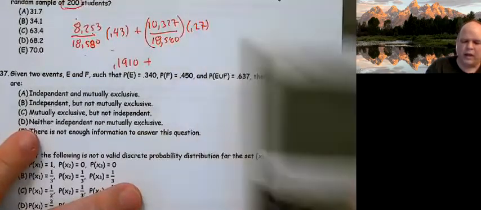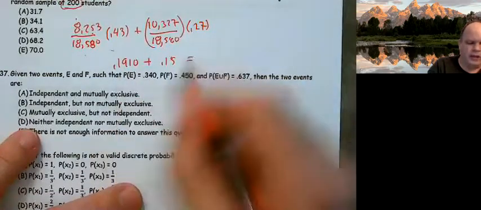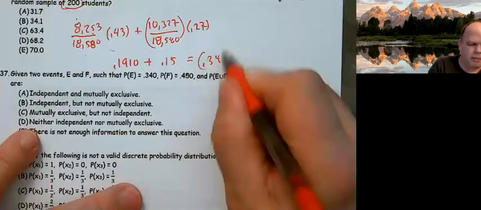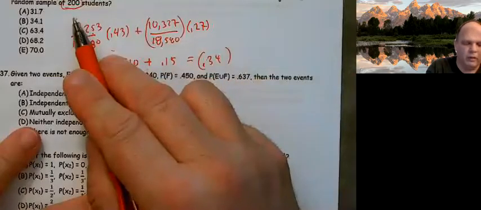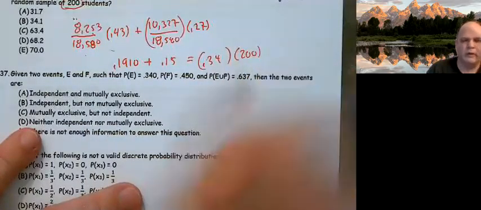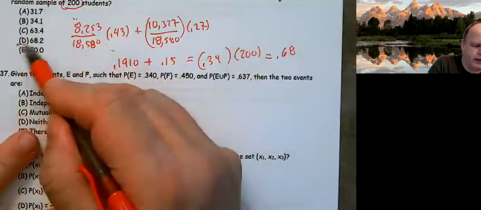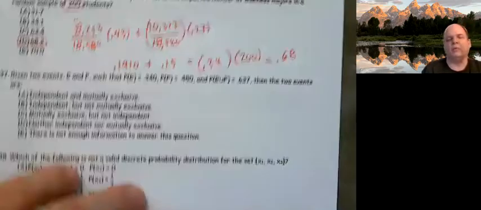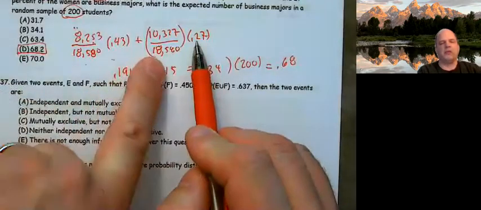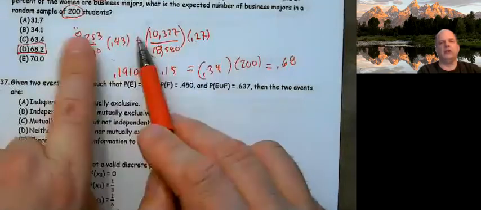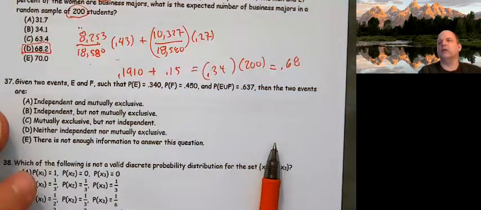So about 0.15. I add these up, and that's about 34%, approximately. 34% of 200. So that's 68. I know I have rounding error because I cut things off, but that's the way you approach the problem. You find the percent of men and then the percent of women. So this gives you the percent of the population that were signing up to be business majors.